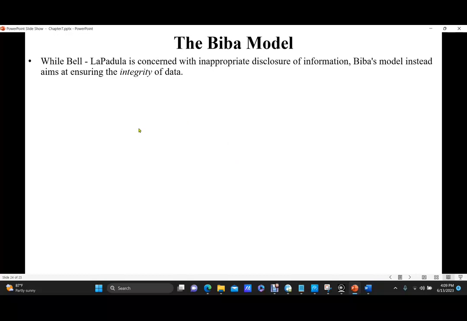The Biba model. While the Bell-LaPadula system is concerned with inappropriate disclosure of information, the Biba model aims at ensuring integrity of data.